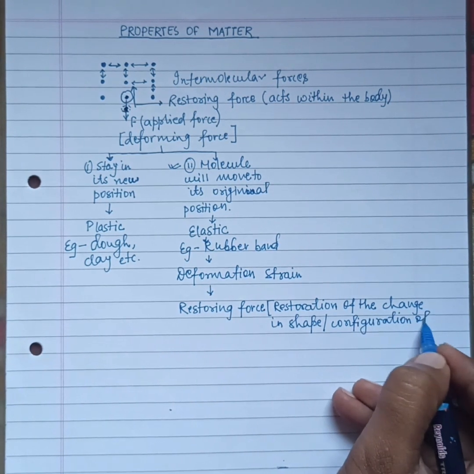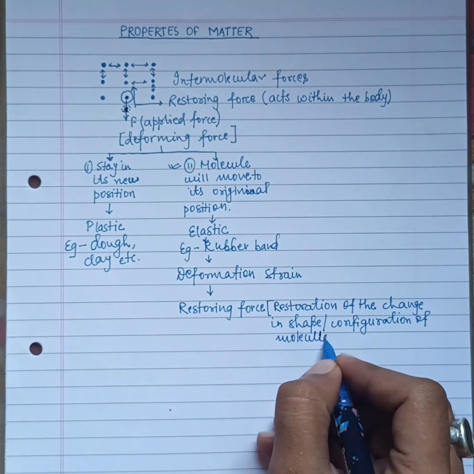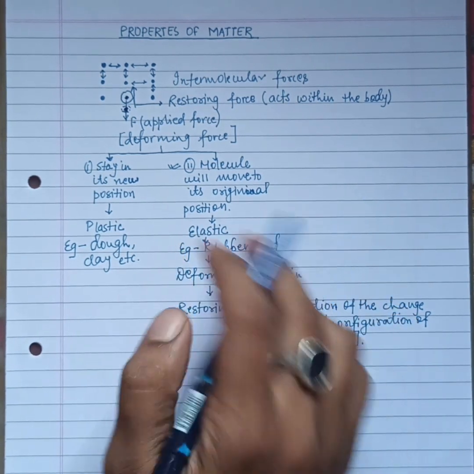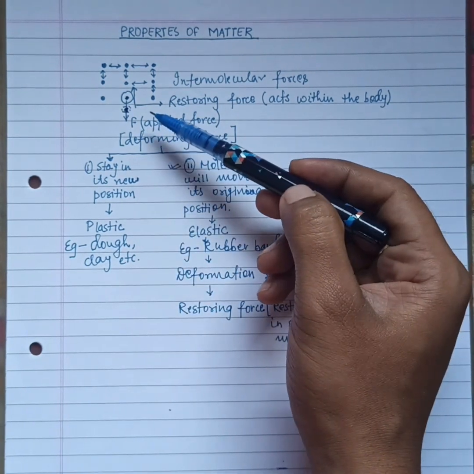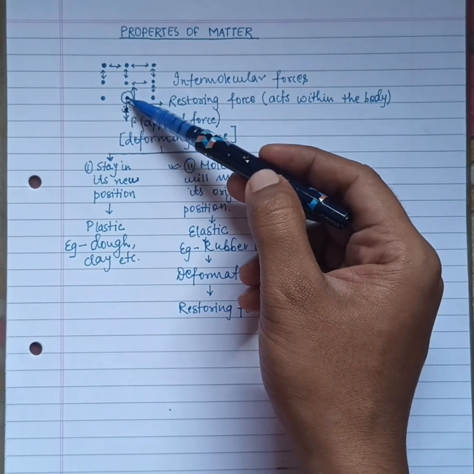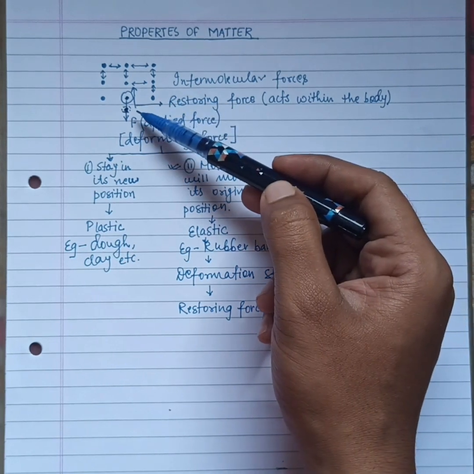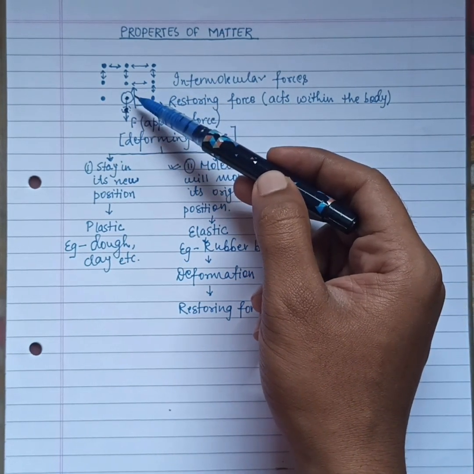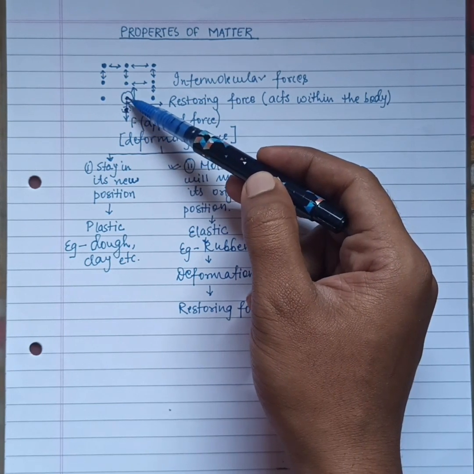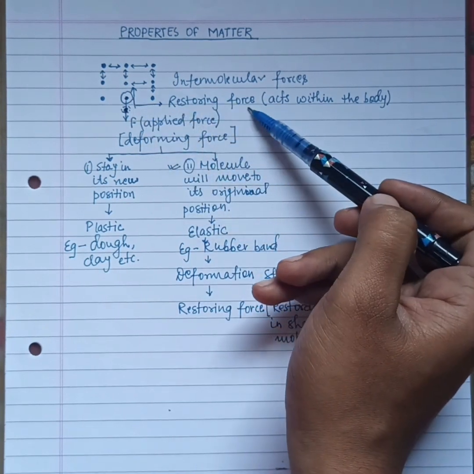Is it clear? So this is what happens in elastic property. First, when we apply the deforming force, the shape of the matter changes, and when we remove it, a force develops inside the body that brings the molecule to its original position. That force acting within the body is known as the restoring force.